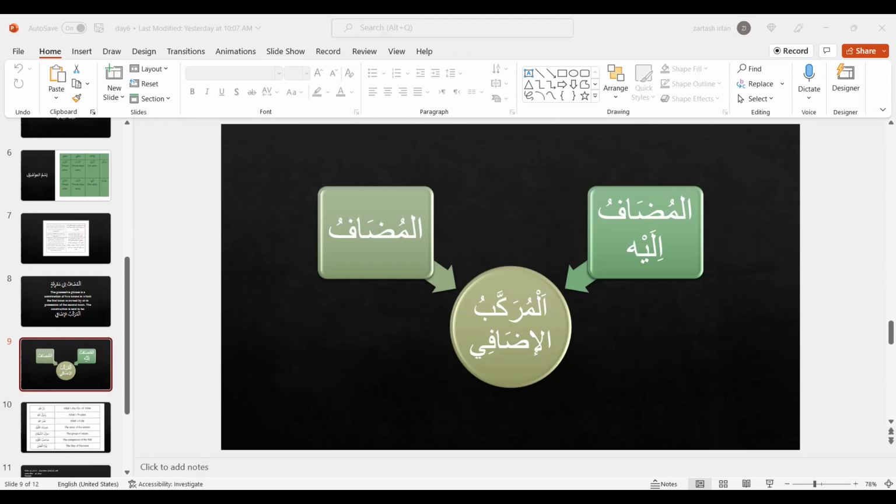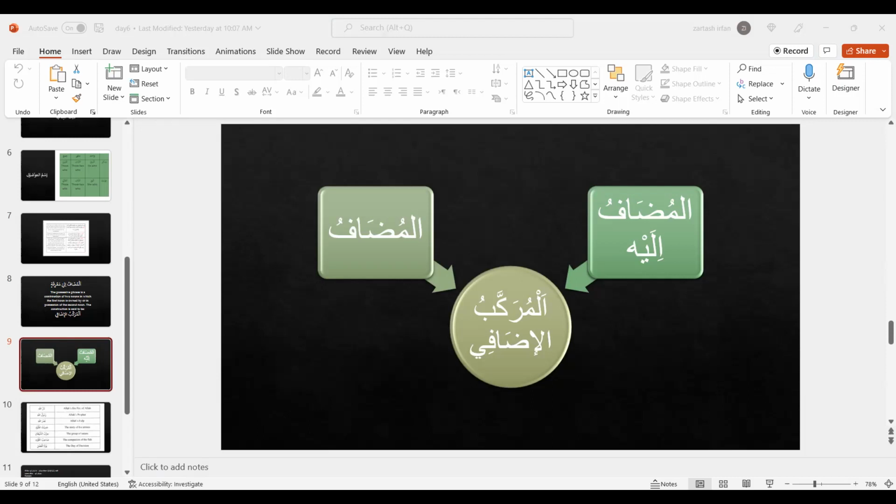And what is mudaf ilayhi? Mudaf ilayhi is the possessor, the one which is possessing the noun. It is the second noun, generally, though not always, a proper noun or specified by prefixing al.